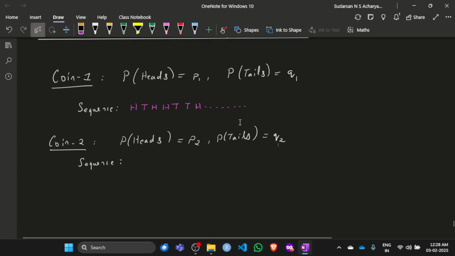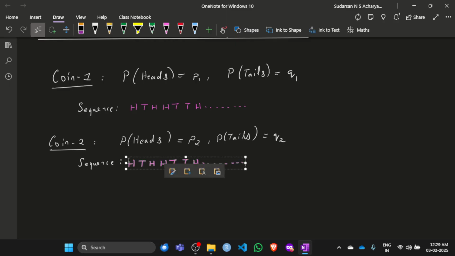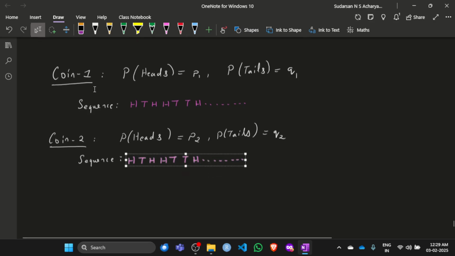So I'm just going to copy this. How likely is it for your friend's coin to generate the same sequence? Like so. So let's go ahead, calculate those probabilities. What's the probability that coin 1 generates that sequence, right?